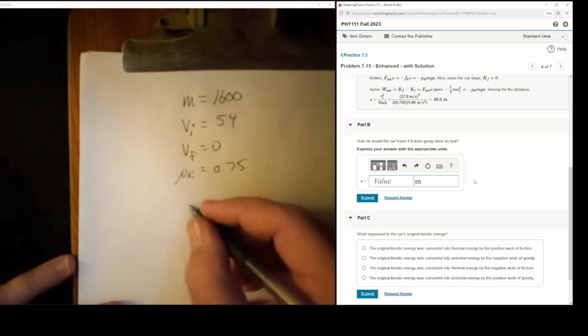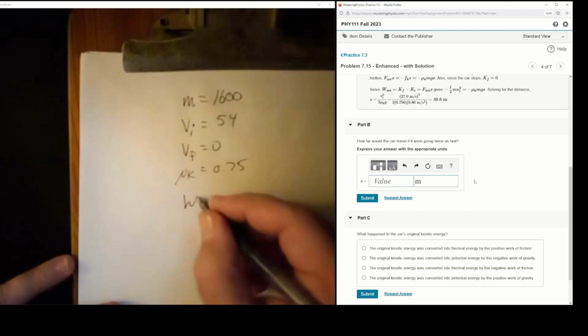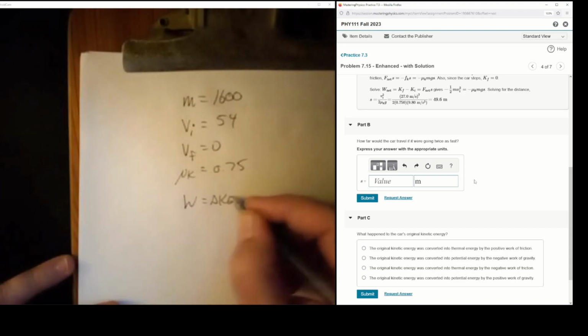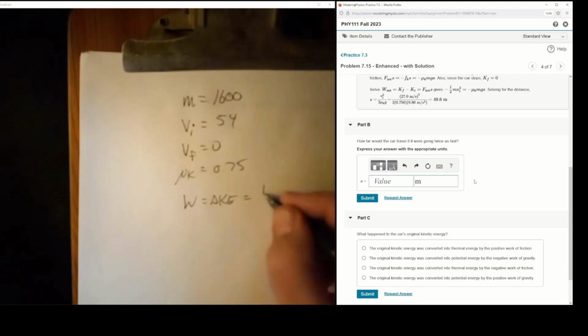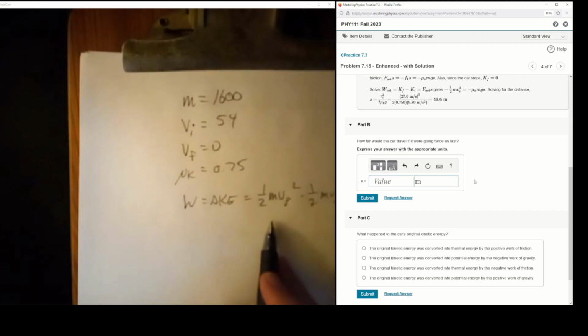We have the work is equal to change in kinetic energy, 1/2 m v final minus initial. We know the final is 0 because it's stopping, which means the change in kinetic energy is 1/2 m v initial squared.